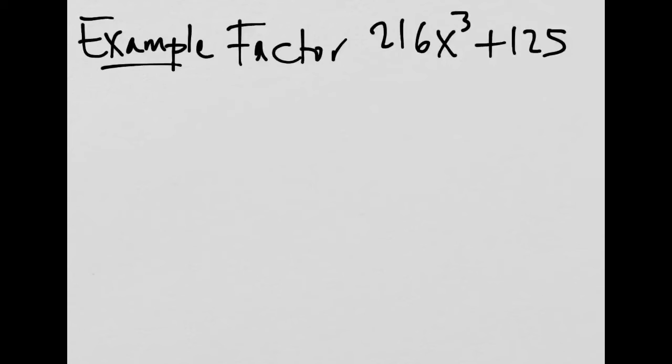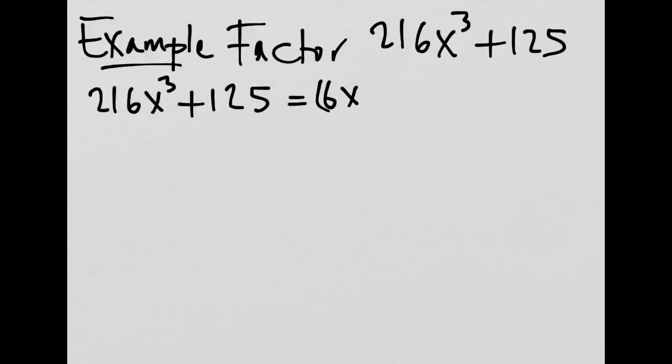Next, let's look at factoring 216x cubed plus 125. 216 is 6 cubed, so we can write 216x cubed as 6x quantity cubed.